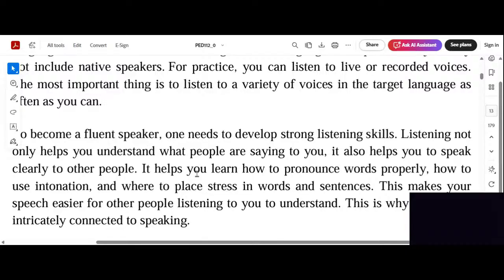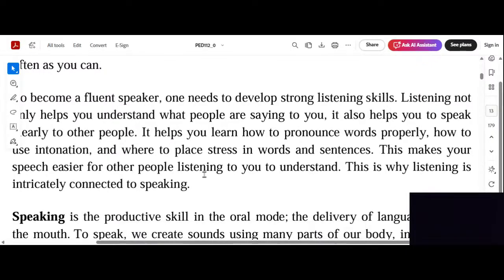So it helps you to learn how to pronounce words properly, how to use intonation, and where to place stress in words and sentences. Now, this makes your speech easier for other people listening to you to understand. This is why listening is intricately connected to speaking, like I've mentioned earlier. Each of these skills is interrelated in one way or the other.